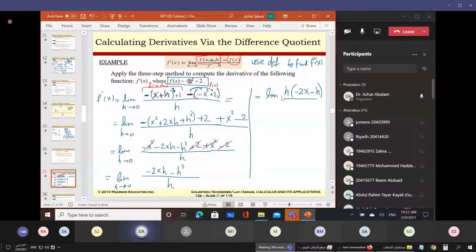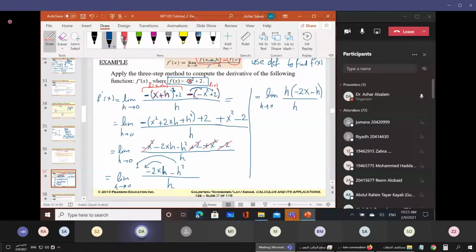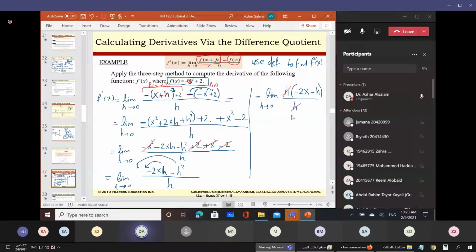I take this h out, one of these two h's out as a common factor, divided by h when h approaches 0. Here I can omit. Since I take h as a common factor, it's multiplied. Two multiplications together, so I can omit from the top and from the bottom one h.